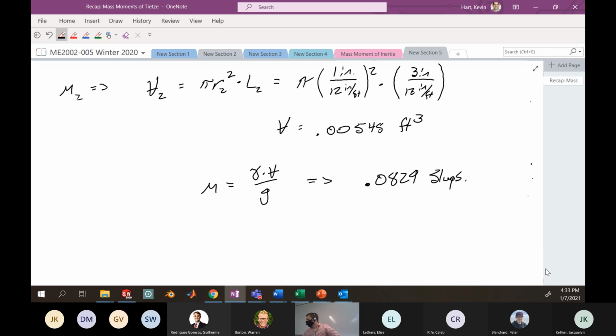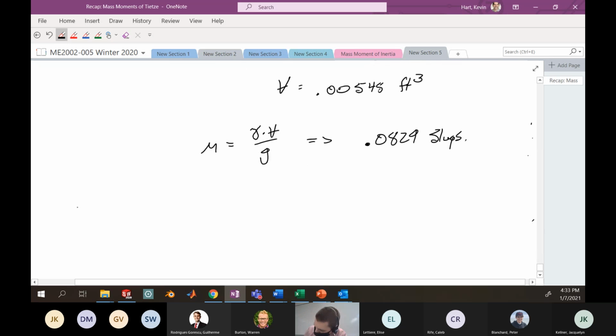All right. Now let's look at that mass moment of inertia, finally. Let's do the centroidal portion for object number 2. Here's 1/12 the mass, 0.0829 slugs, multiplied by 3a squared plus l squared.